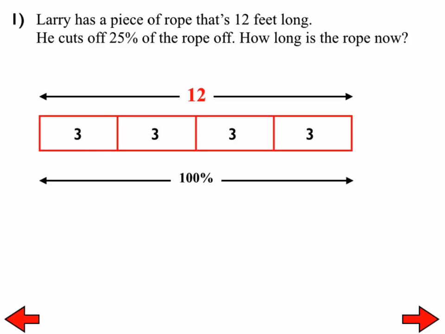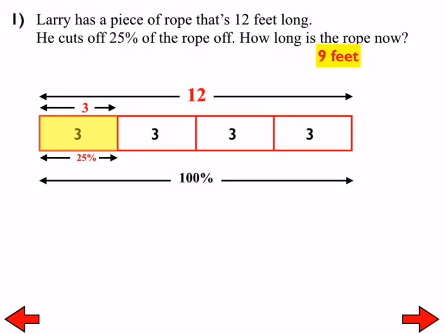But we're cutting off 25% of that. So I'm going to cut off the first 25%, it doesn't matter which. So that leaves 9 feet. But once again, that's not the purpose of today. The purpose of today is trying to come up with one or more numeric expressions that will allow us to figure out, in this case, that the answer was 9 feet.